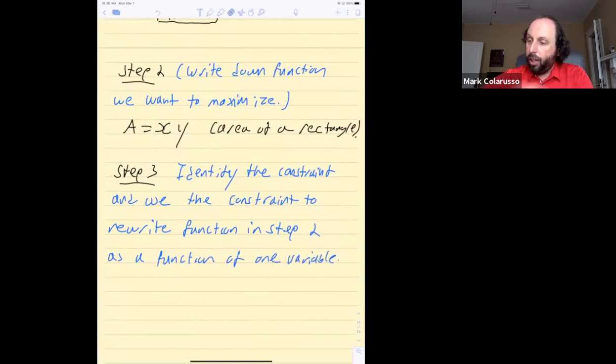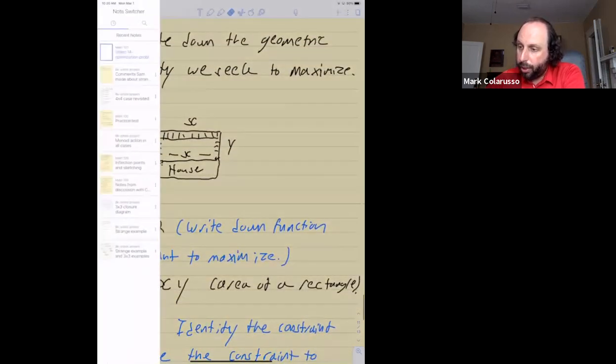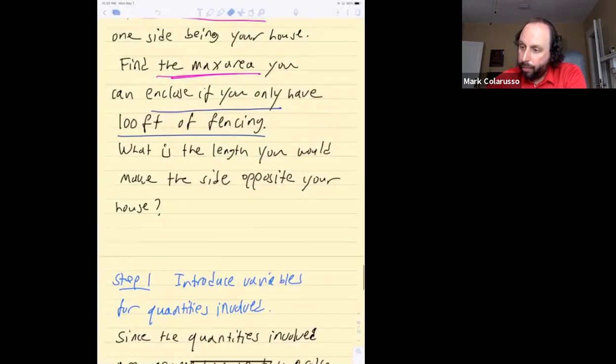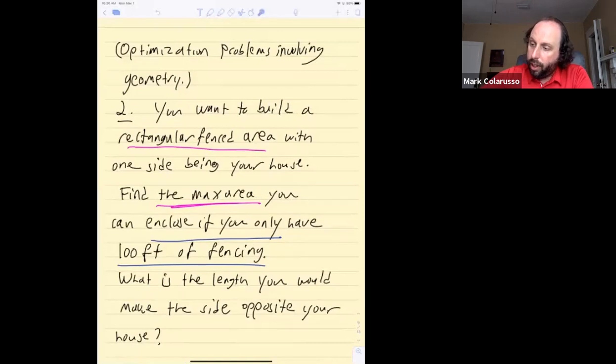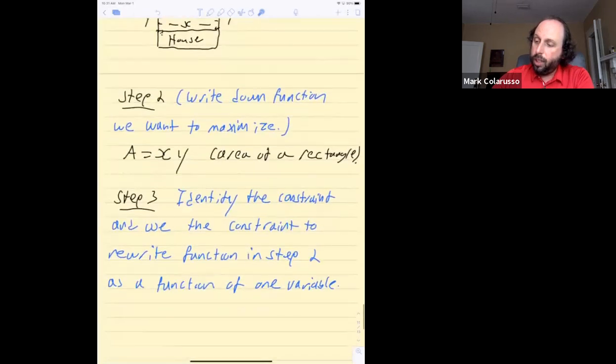Okay, so the constraint was, we go back up to the problem. The constraint here, I've underlined in dark blue, is that you only have 100 feet of fencing, right?